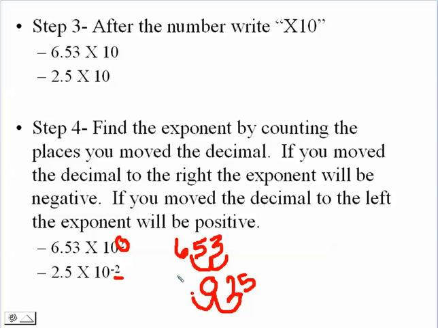That is negative because our original number was less than 1. There are also directions up here about if you move it right or left, which is good, but it's a little harder to memorize right and left versus just looking at the number. If the original number is greater than 1, then it's a positive exponent. If the original number is less than 1, then it's a negative exponent.